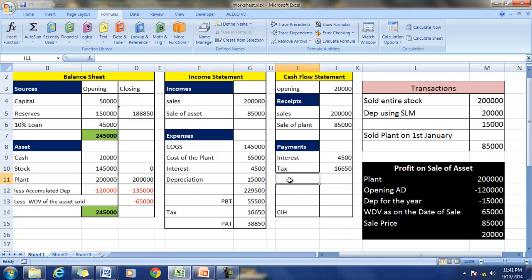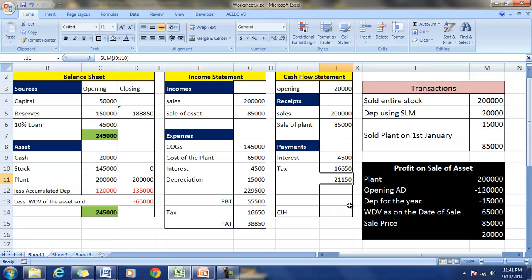The cash in hand is equal to cash available. Cash available is 220,000 and cash payment is 21,000.